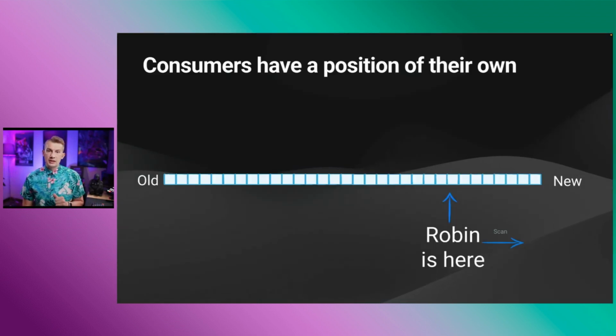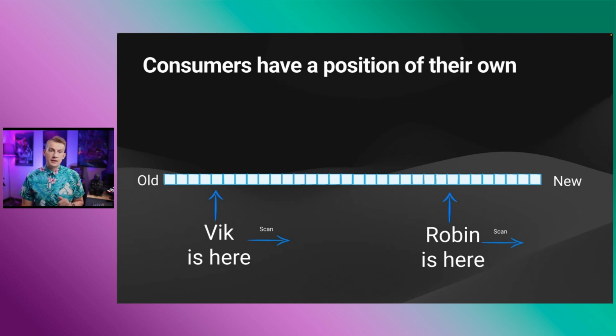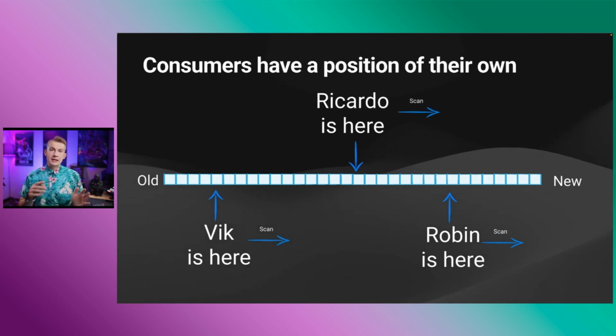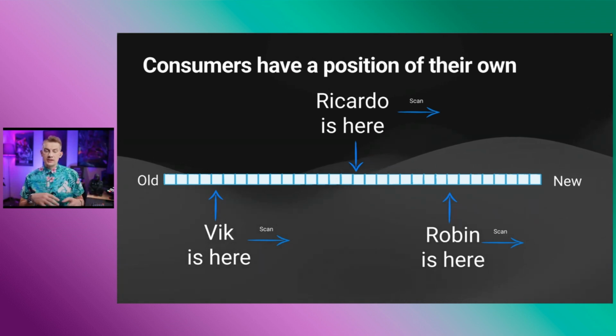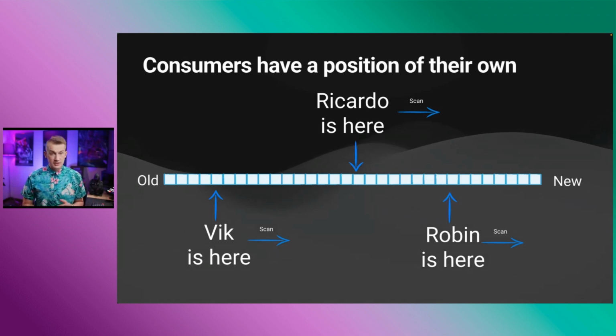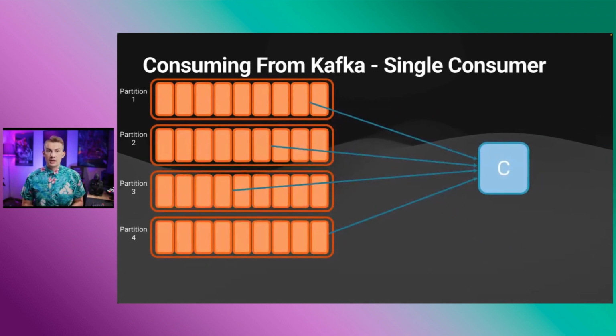We have, say, Robin here, Vic here, and Ricardo here, and they have different ways of reading things, different reading speeds. But if something happens, some disconnection or network break or whatever, their position is stored inside Kafka, inside the offsets topic.